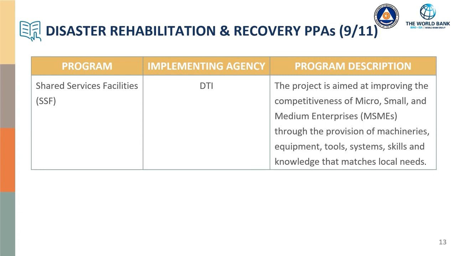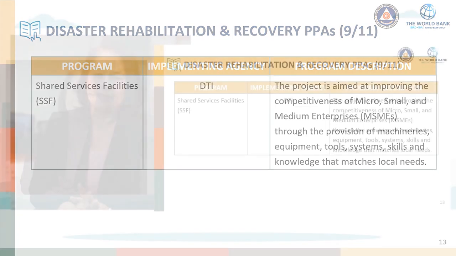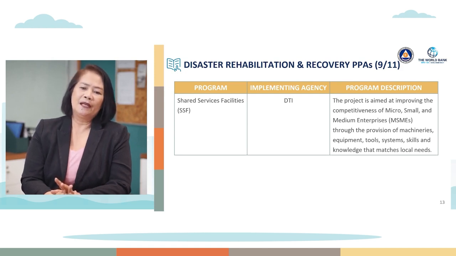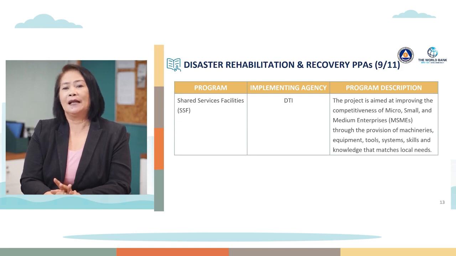Next is the shared services facilities of the Department of Trade and Industry, which aimed at improving the competitiveness of micro, small, and medium enterprise through the provision of machinery, equipment, tools, skills, and knowledge that matches the local needs.